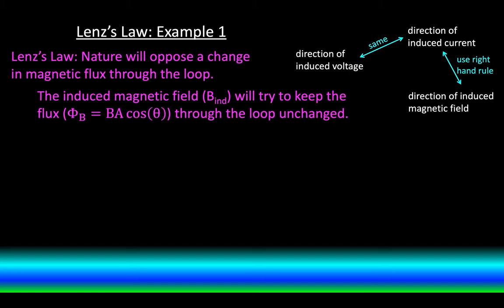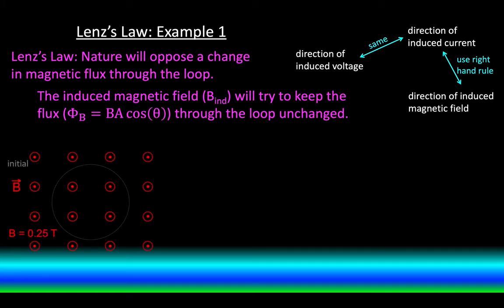So what might that look like as an example? Let's say we have a loop of wire and we have a magnetic field passing through that loop of wire. So let's say this loop of wire has a total area of 1, just to make numbers simple. The strength of the magnetic field is 0.25. So, okay, I have a 0.25 magnetic field through a loop of cross-sectional area 1.